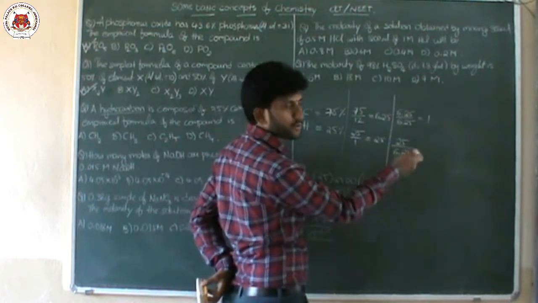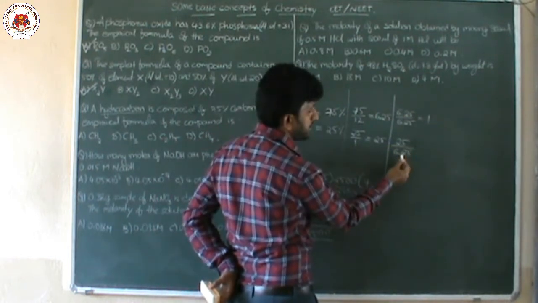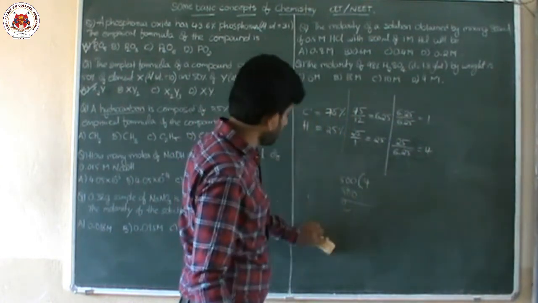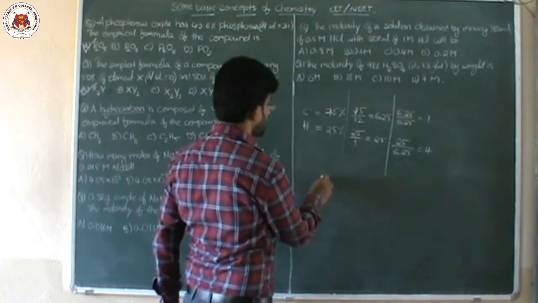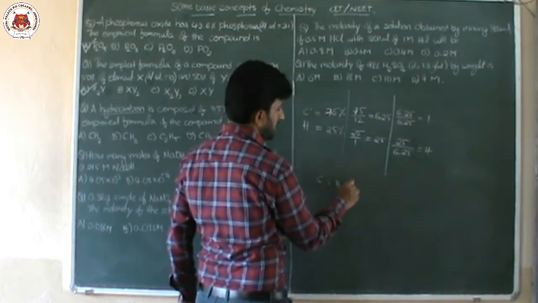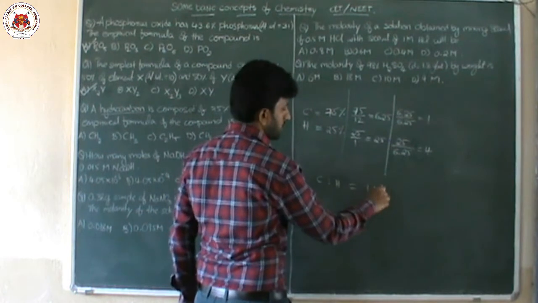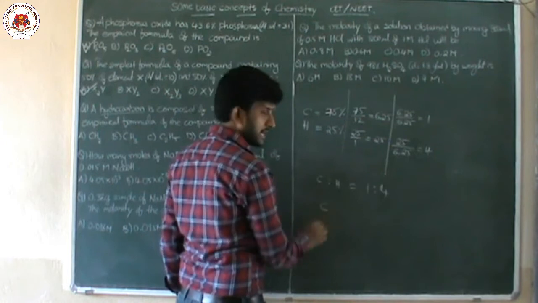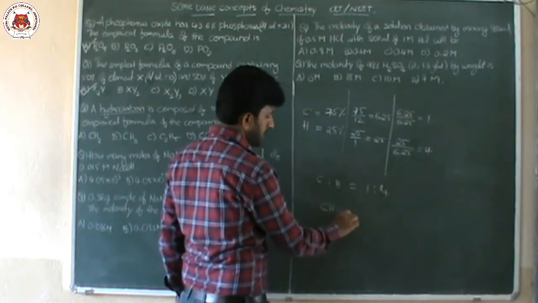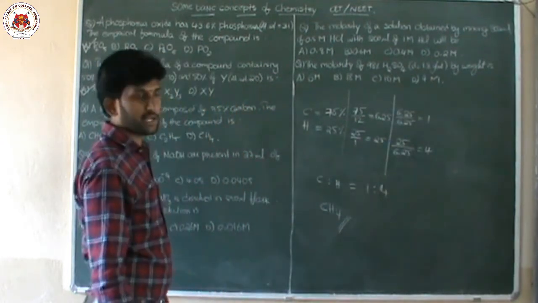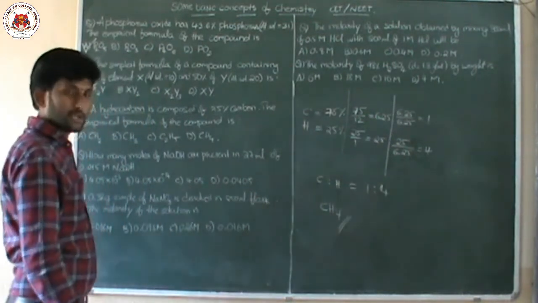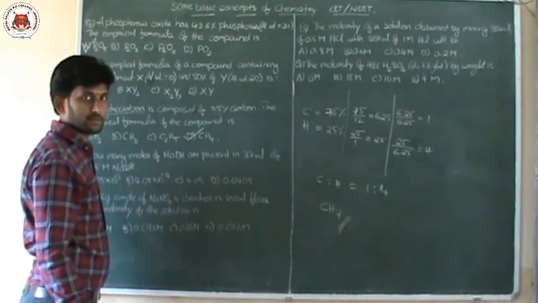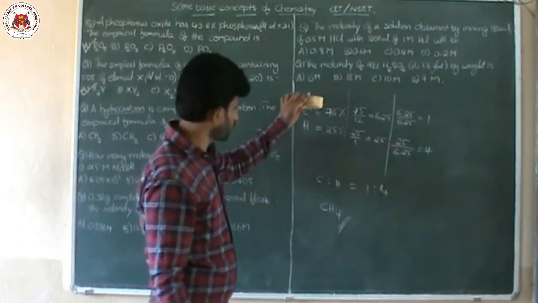Or else directly you can use the calculator: 25 by 6.25 is 4. So carbon to hydrogen is 1:4, meaning 1 carbon atom and 4 hydrogen atoms. That means the option is methane, option D. Next.